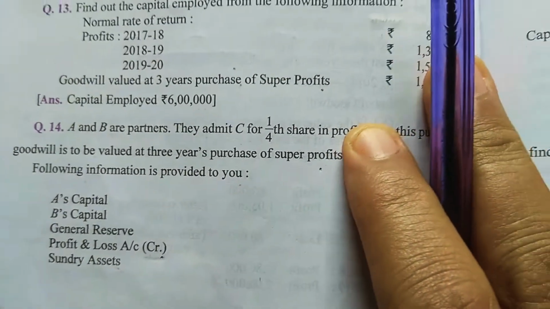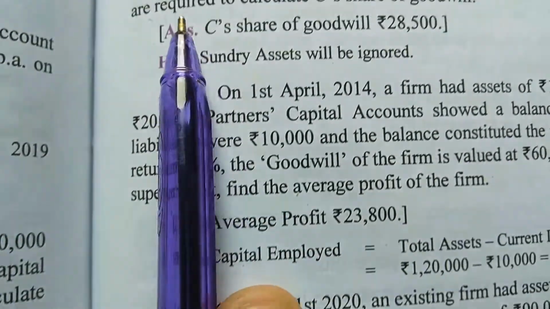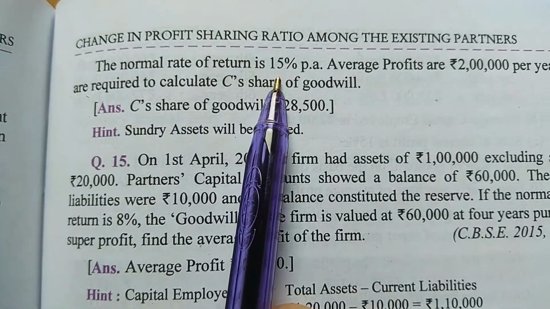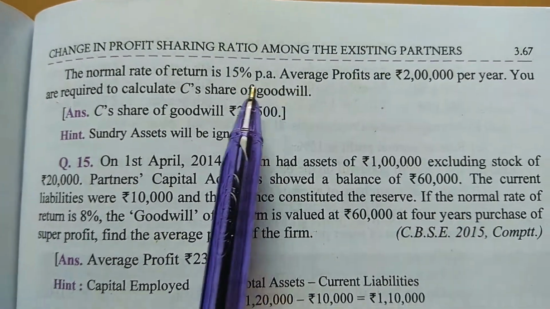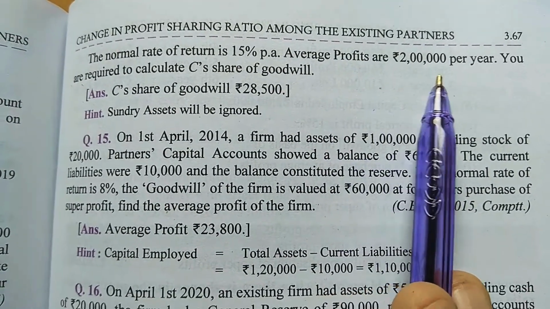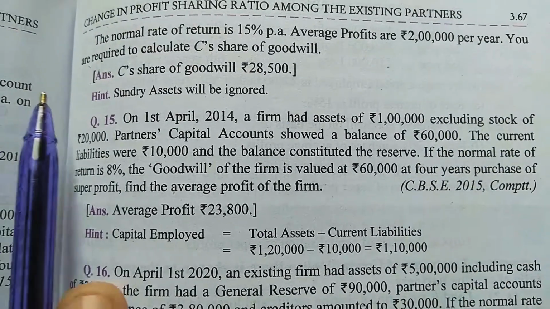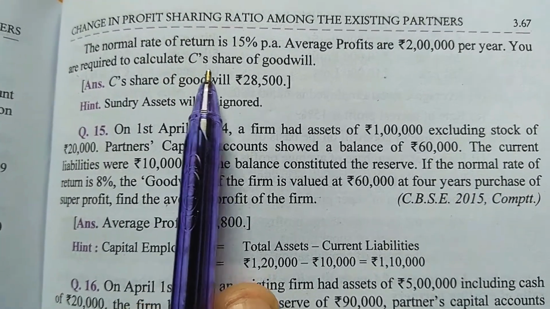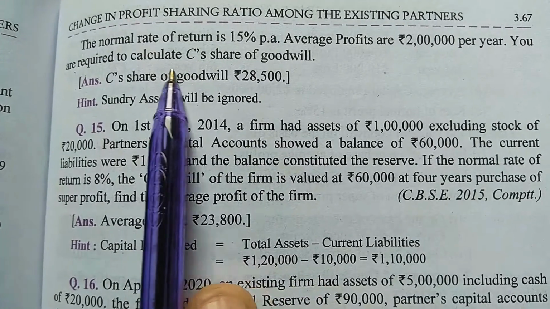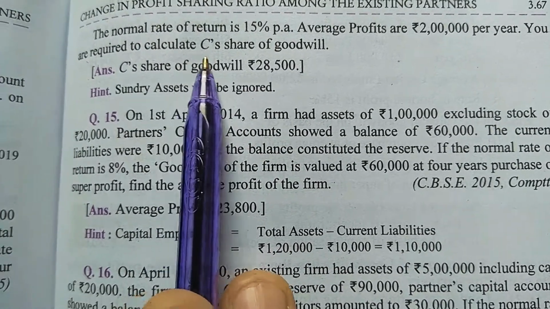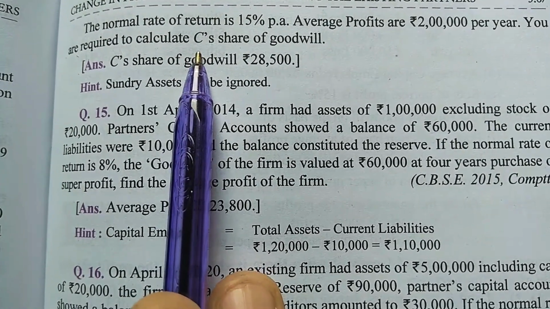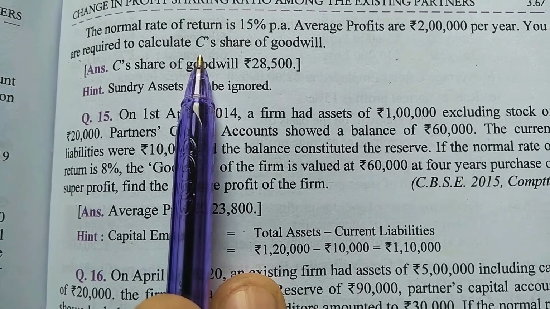And further we have the information: the normal rate of return is 15% per annum. Average profit is rupees 2 lakh per year. You are required to calculate C's share of goodwill. First of all, we will calculate goodwill of the firm.